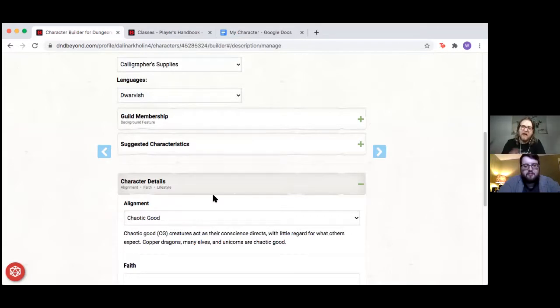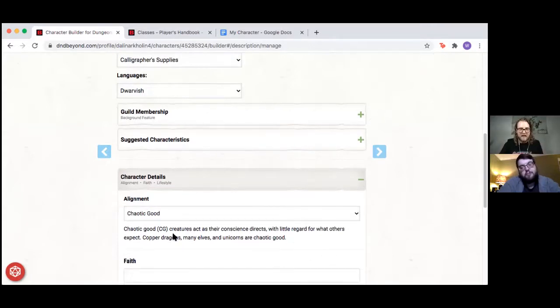Like if I'm a paladin, I would need to be lawful, right? Or a cleric. But I don't need that for any of my character's abilities. So chaotic good allows me to be like a good person, but it also gives me some freedom. So if there's a law in place that I actually think is unjust, I can just do whatever I want and not feel bad about it and not lose any of my abilities.